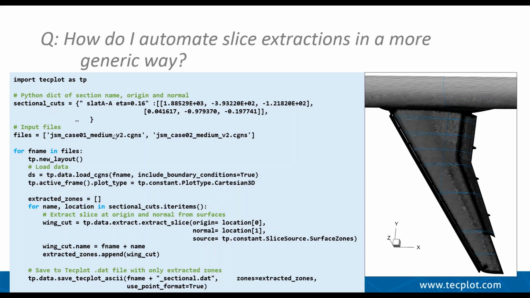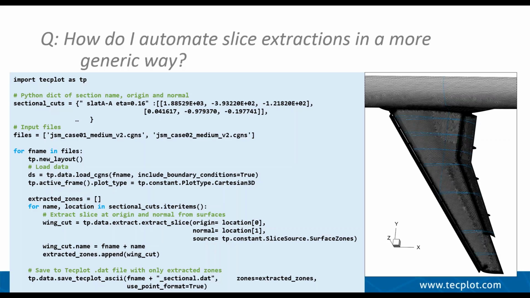I then supply several files to loop through, so I can do different grids, different cases at the same time over multiple files. In the examples provided, this will be a command line option instead of hard-coded.